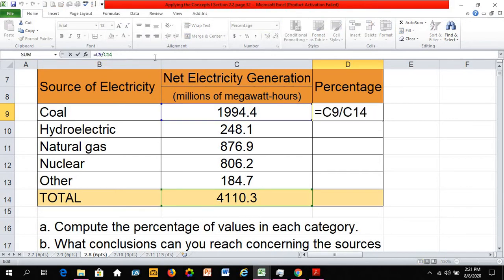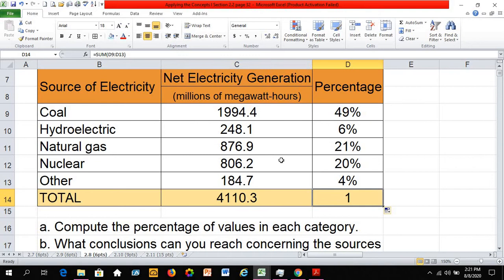Now if I want to drag the formula, to lock our denominator I'll place a dollar sign, then drag it down. Similarly, the total should be 100%. So it shows in our table that the highest is 49% on coal. That's around 50%. Hydroelectric is 6%. Natural gas is more than 20%, or 21% to be exact. Nuclear is 20%, and the others are 4%.